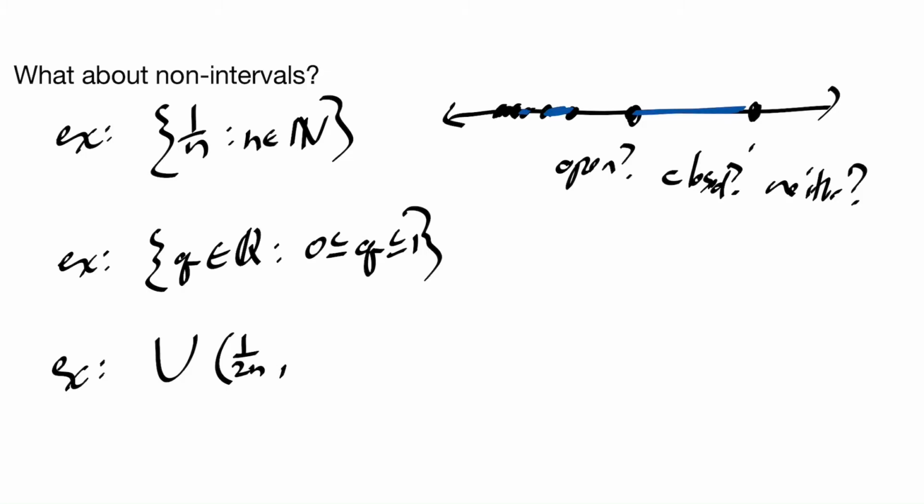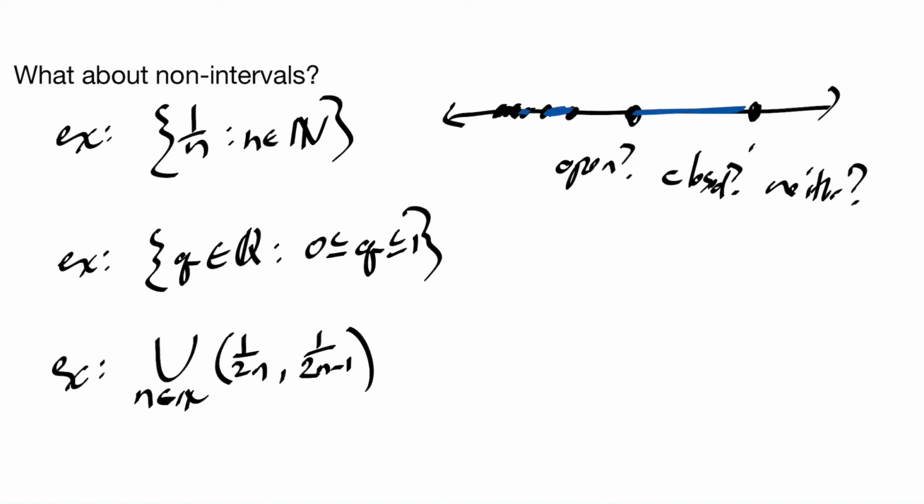So what if we write a union of all the open intervals, 1 over 2n to 1 over 2n minus 1. And we'll do this interval over every natural number.